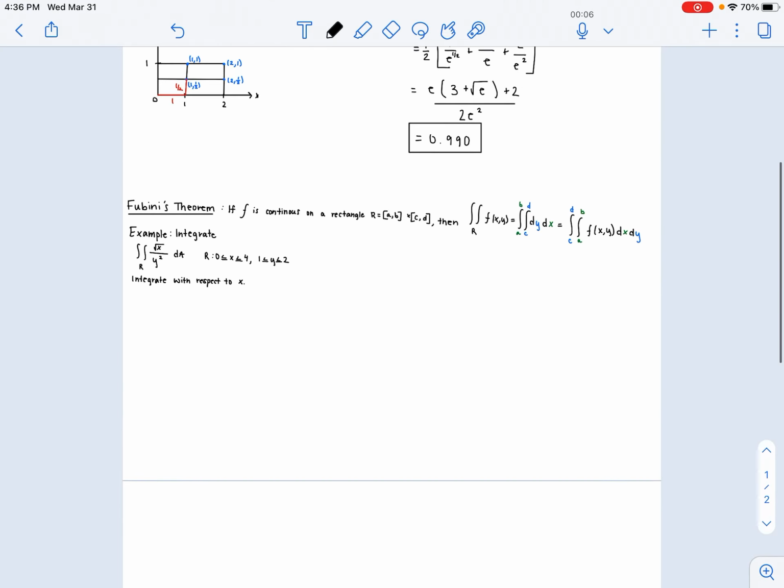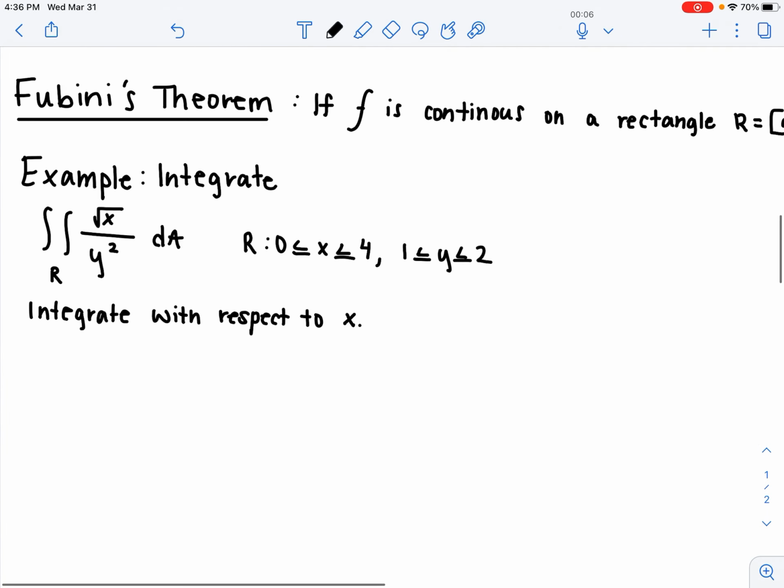So moving on to Fubini's theorem, we have this example here, which is the integral of square root of x over y squared dA over the rectangular region where x is between 0 and 4 and y is between 1 and 2. Fubini's theorem tells us that if f is continuous, you can change the order you do the integration.